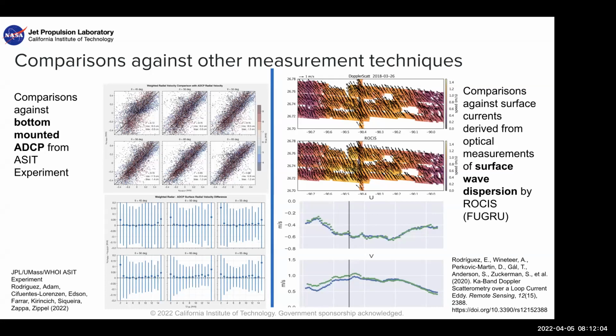And by looking at the Doppler shift relative to the dispersion relationship, you can estimate the surface current averaged over a couple of meters. And you can see that there's pretty good agreement between the U and V components as you cross the eddy boundary, although there are some differences that will need to be understood as part of the geophysical model development.